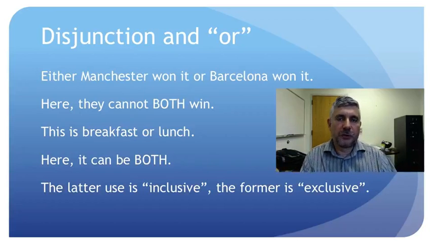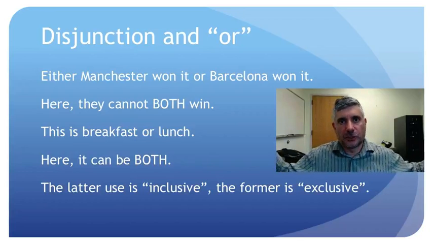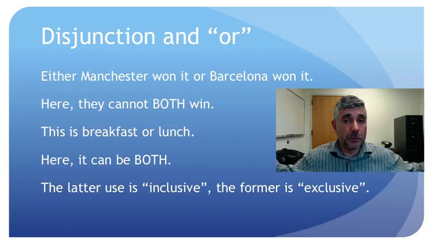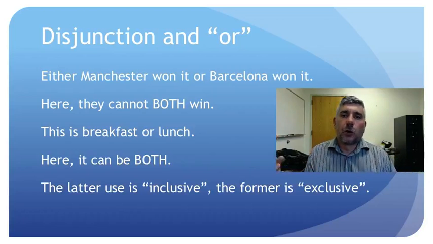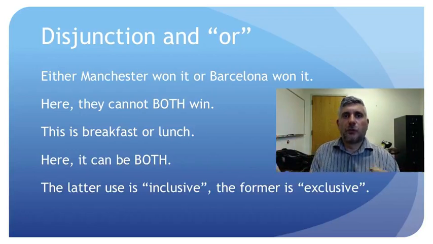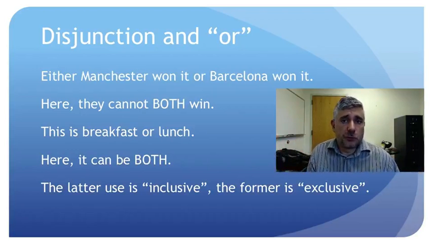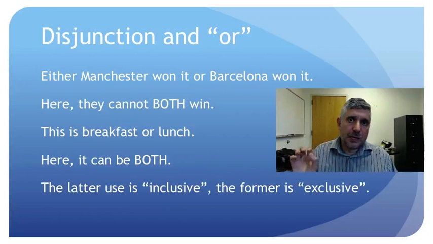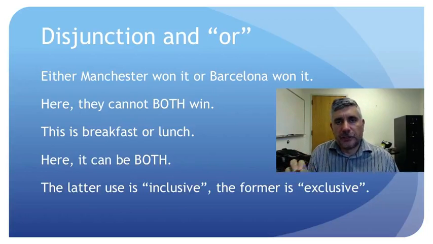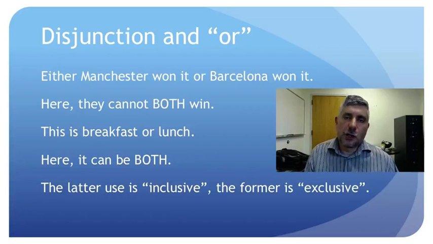So or can be used exclusively to mean that either one of two options is true, but they can't both be true, or it could be used inclusively to mean one of two options could be true or they could both be true. Now, the truth functional connective disjunction is expressed in English by the use of the inclusive or, the or that leaves open the possibility that both of the two options could be true.